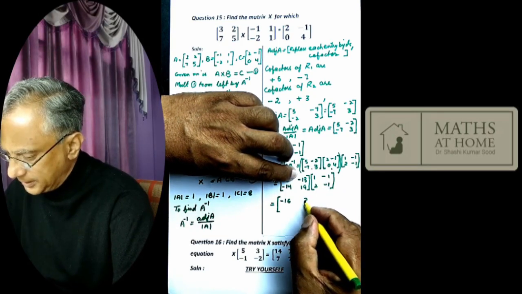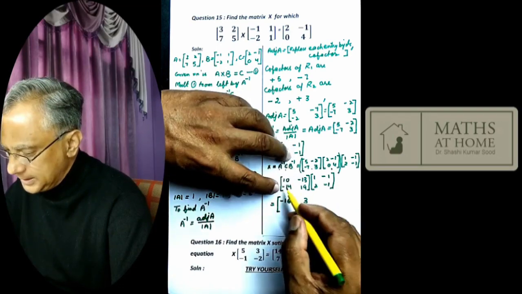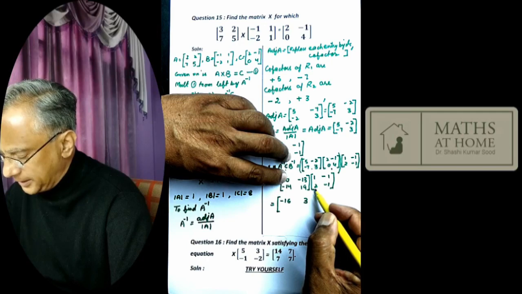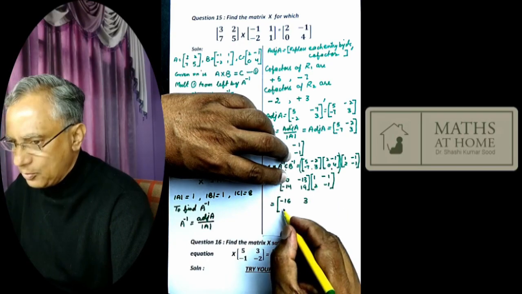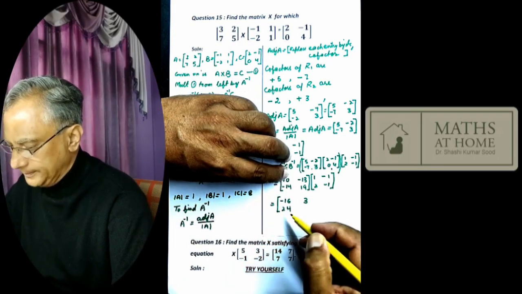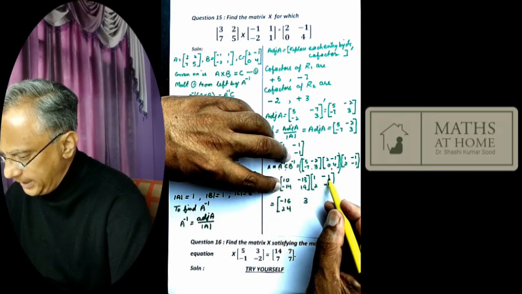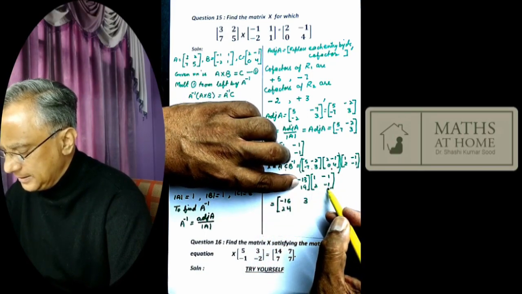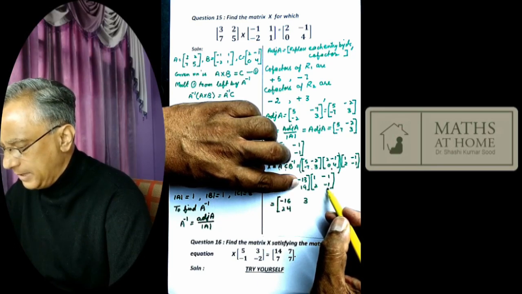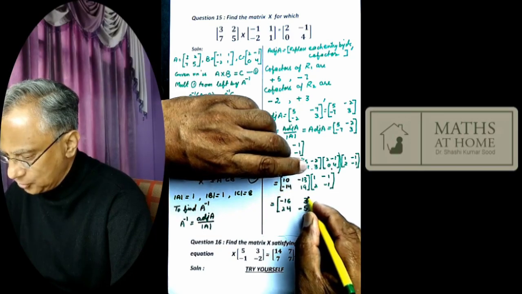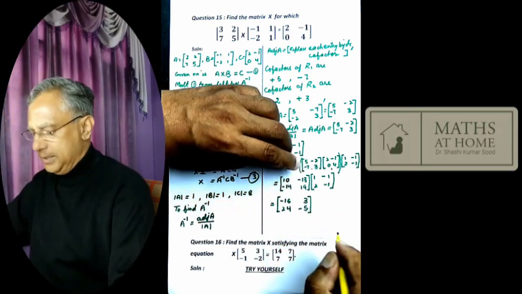Minus 10 plus 13 is 3. This into this, minus 14 plus 38. This is equal to 24. Now this into this is plus 14 minus 19. Plus 14 minus 19 is minus 5. So this is the answer.